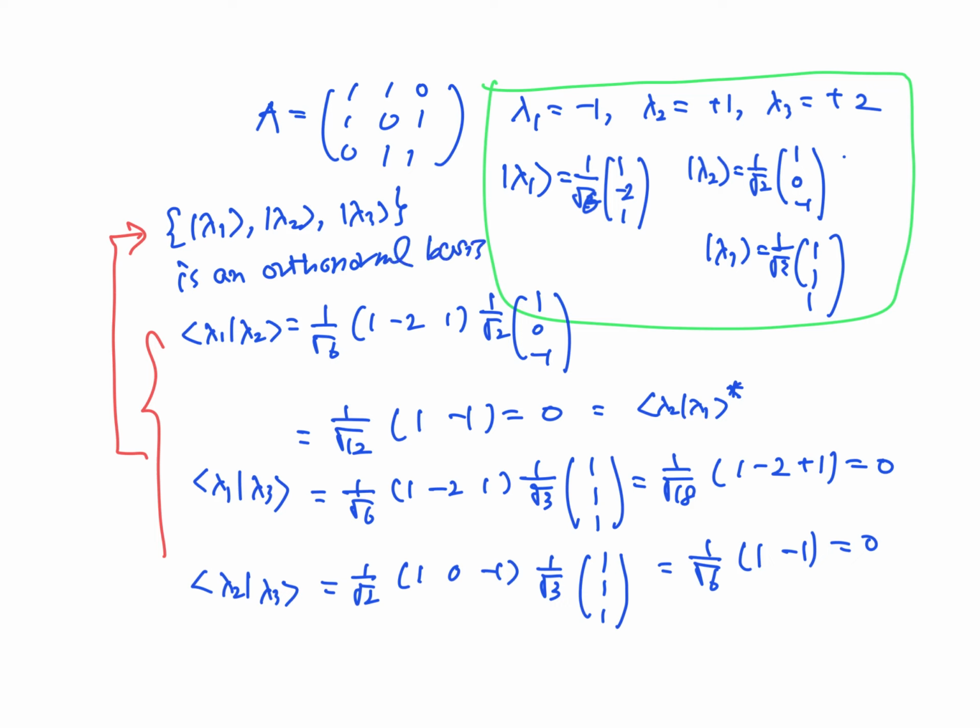We just have checked that. So 3 by 3, we have just checked that they are orthonormal bases. And now let's check whether they satisfy the other two properties, completeness and the spectral theorem.